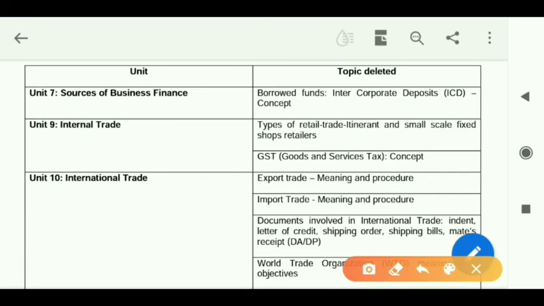If we consider unit 7, then we are not going to learn about intercorporate deposits. I would like you to notice that over here borrowed funds are written. Do not get confused that borrowed funds is not a part of our syllabus. Borrowed funds is definitely a part of our syllabus.